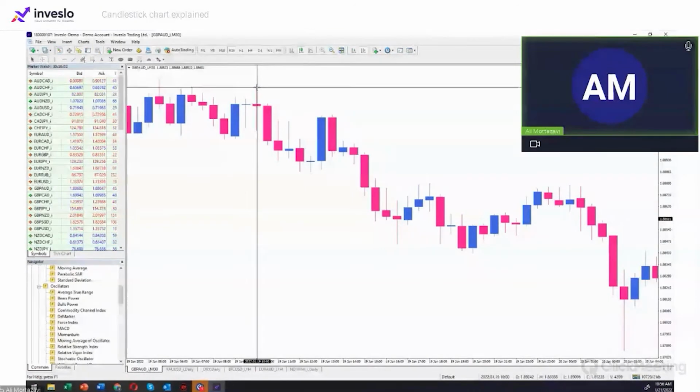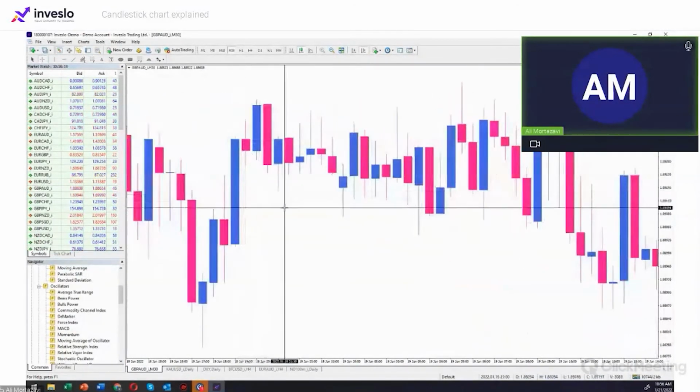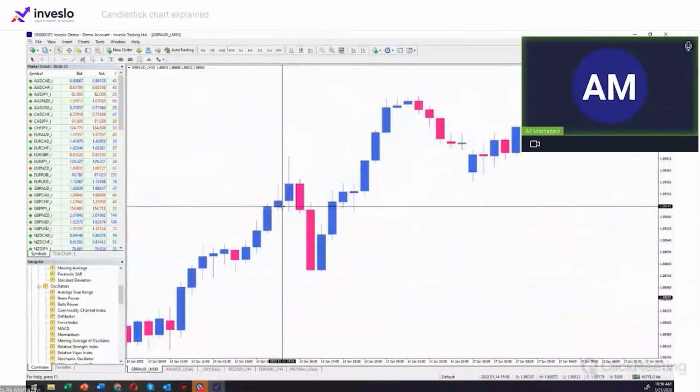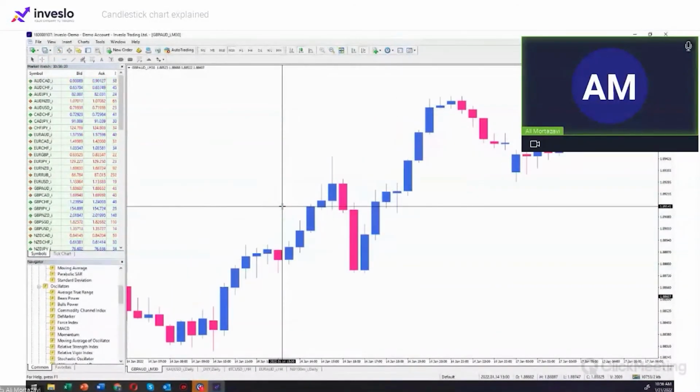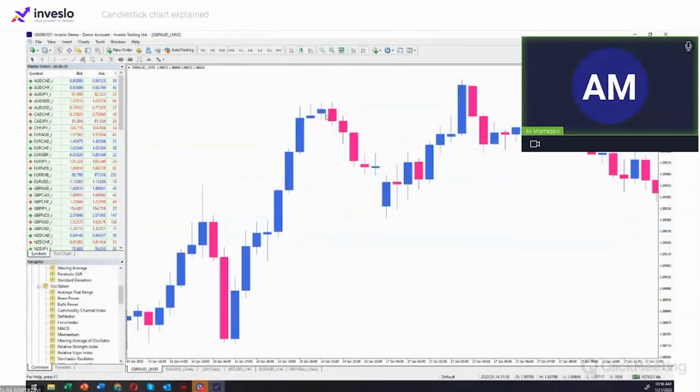For example, you see here, this is another long-legged doji coming after this dragonfly doji. See, so dojis are one of the very common candlestick types.